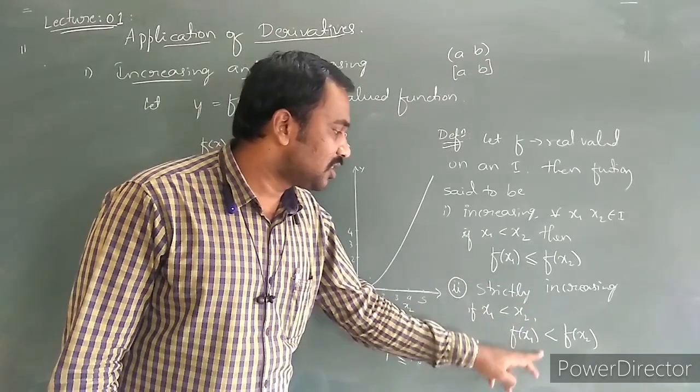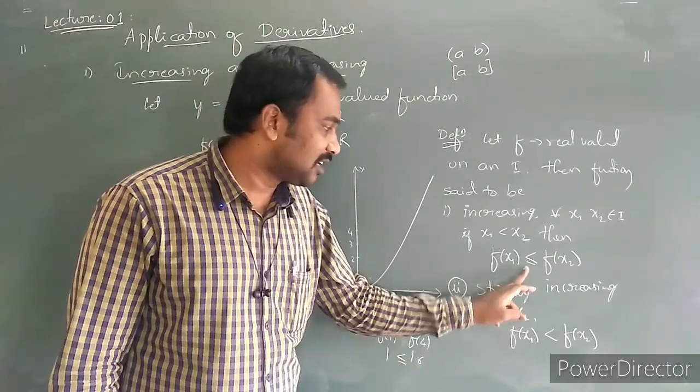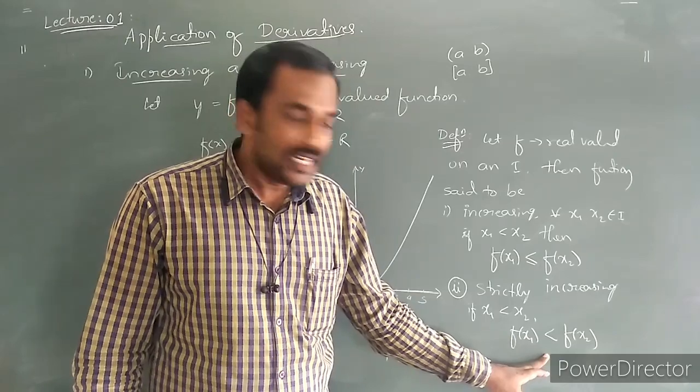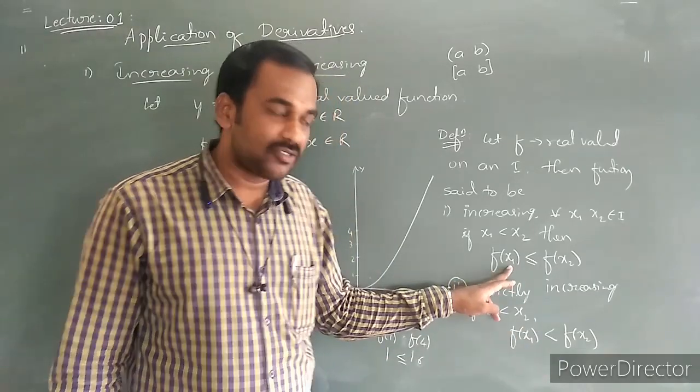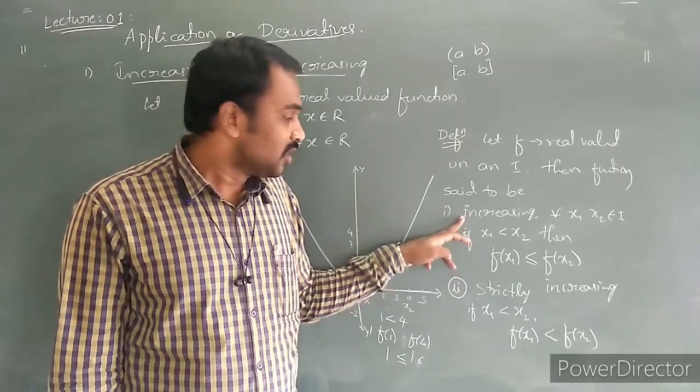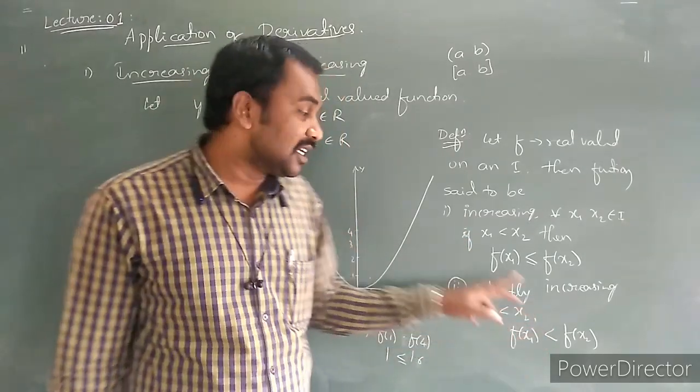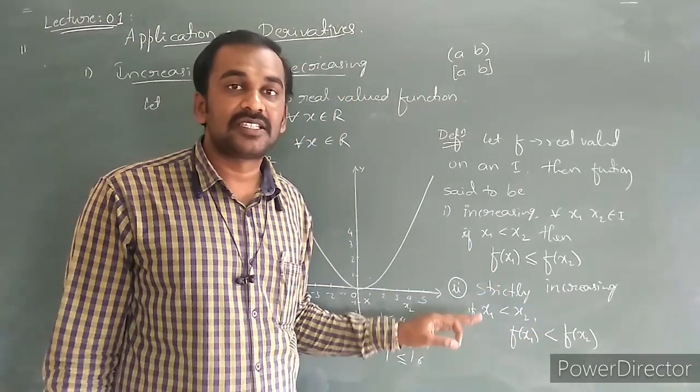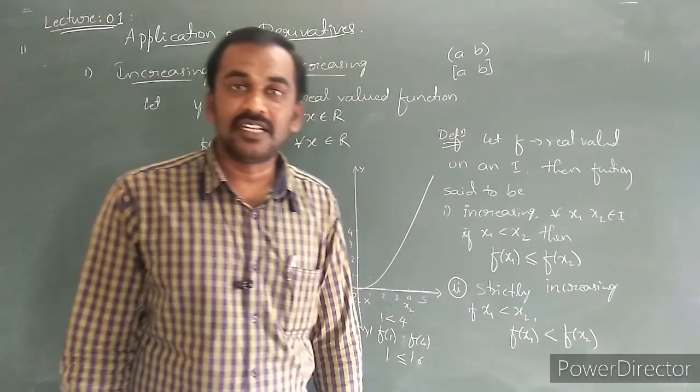What is the difference between these two? Here it is a slack inequality, here it is a strict inequality. Whenever a slack inequality holds, it is sufficient to say that it is an increasing function. Whenever a strict inequality holds, it is sufficient to say that it is a strictly increasing function.